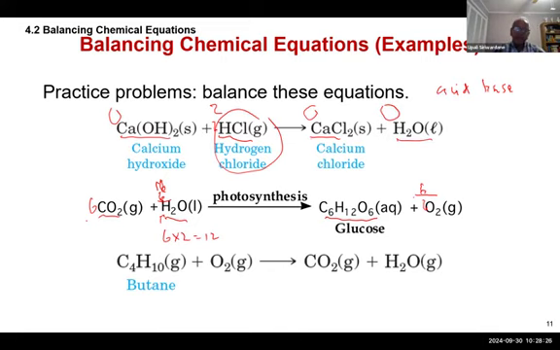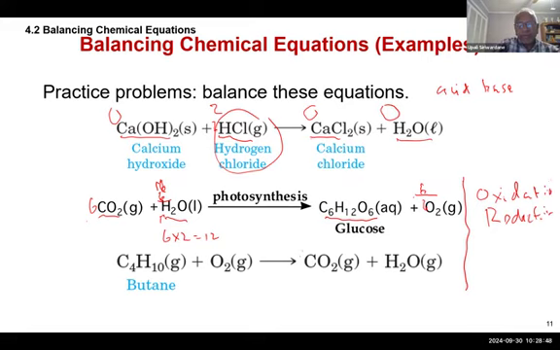How do you balance this equation? This is a combustion. These both are oxidation-reduction reactions.